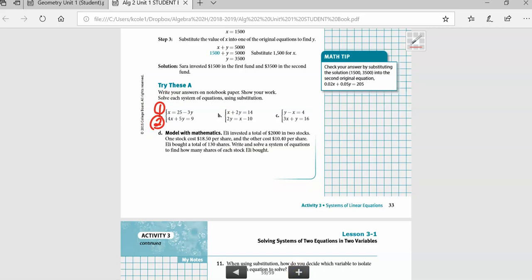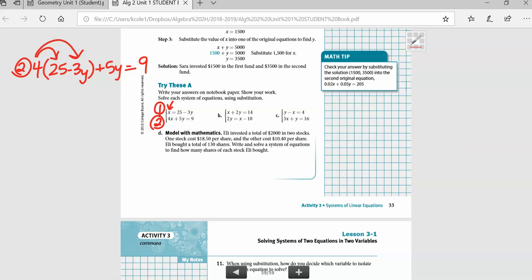The first equation has already got X isolated. So all I need to do is plug it into equation 2 for X. So instead of writing X, I'm going to write open parentheses, 25 minus 3Y, close parentheses, plus 5Y equals 9. Then I'm going to distribute.